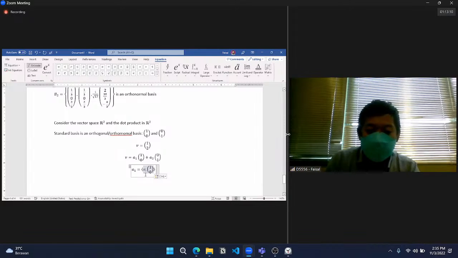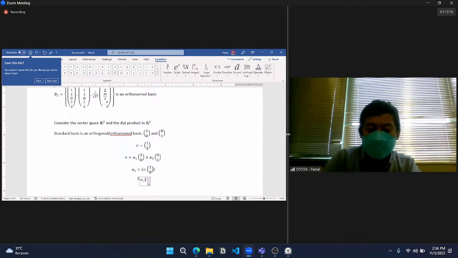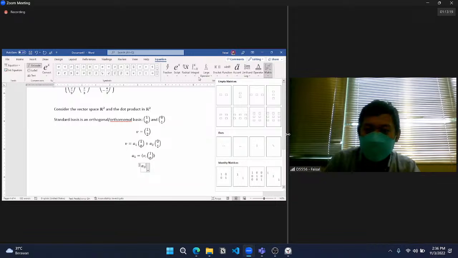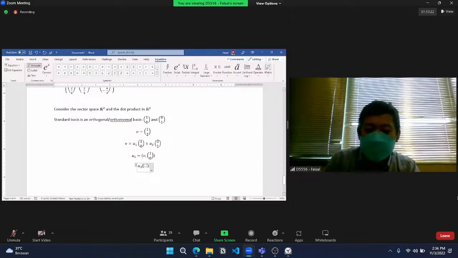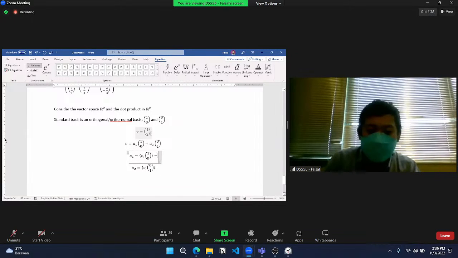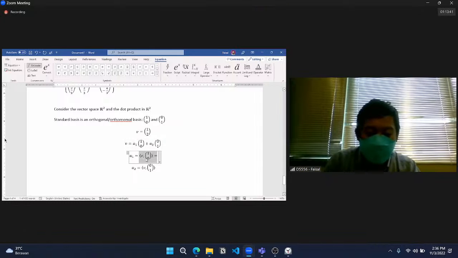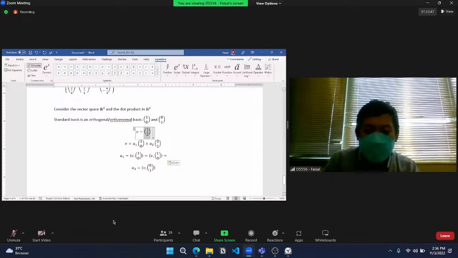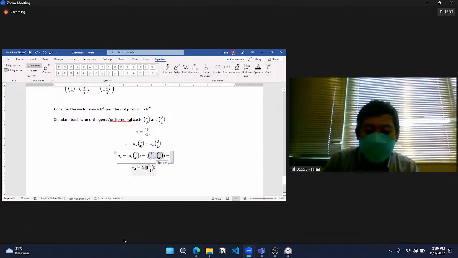So just compute the dot product between V and (1, 0), and A2 is the dot product between V and (0, 1). Okay, so V is (1, 2).